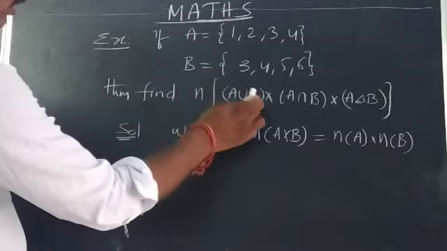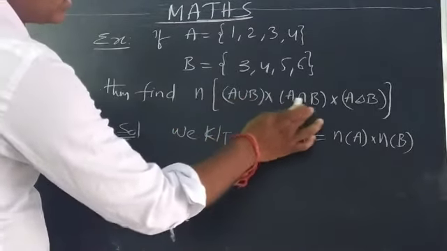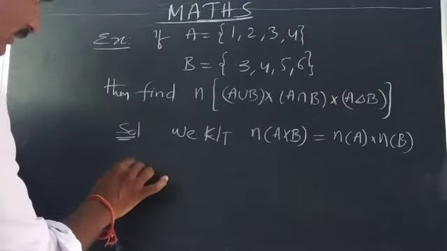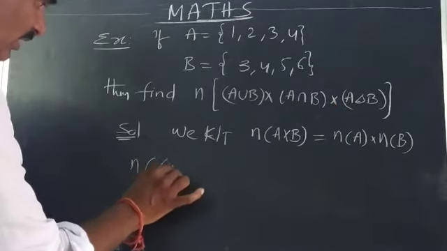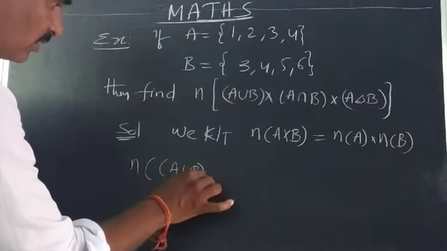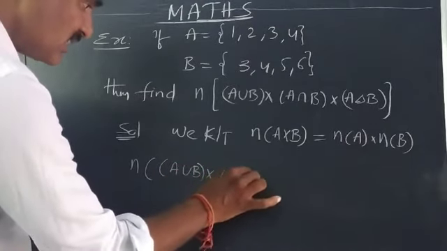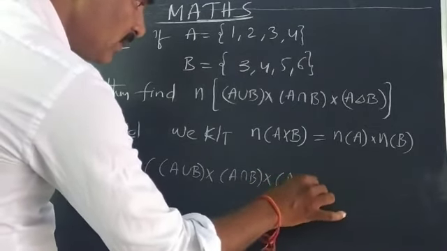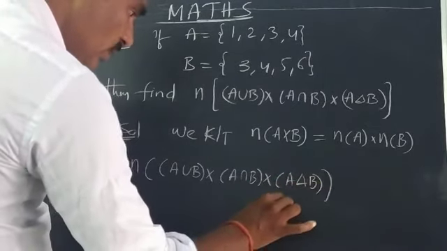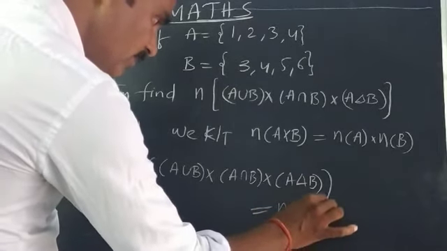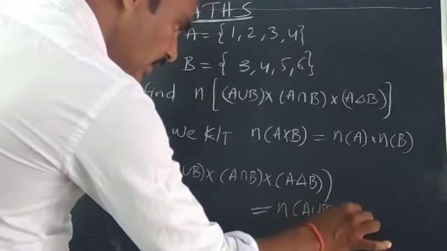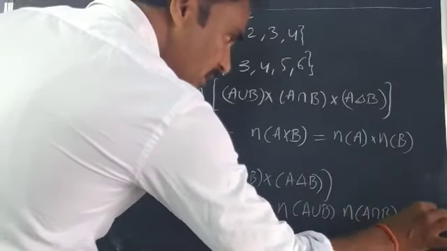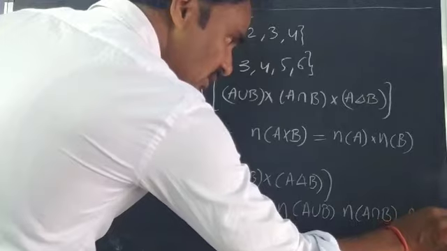Okay. So here this is one set, this is another set, this is another set. So we have the cross product of three sets. So I am writing n of (A union B) cross (A intersection B) cross (A symmetrical difference B). Can I write this as equal to the number of elements in A union B into the number of elements in A intersection B into the number of elements in A symmetrical difference B?